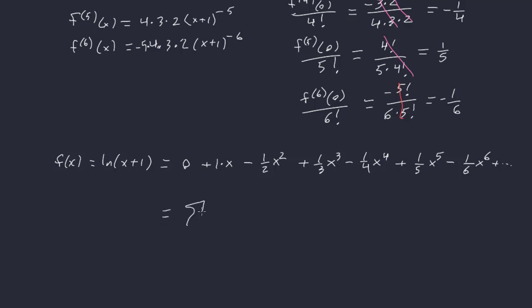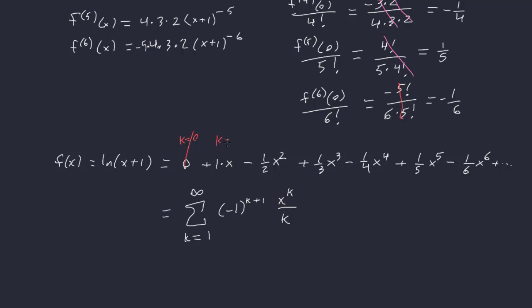So this is going to be the series k going from 1 to infinity of negative 1 to the k plus 1, because I want that first term to be positive, times x to the k over k. Because at each k, here's k equals 0. Well, we don't even need to bother with that because it's 0, and we don't want to put that in because we'd be dividing by 0.